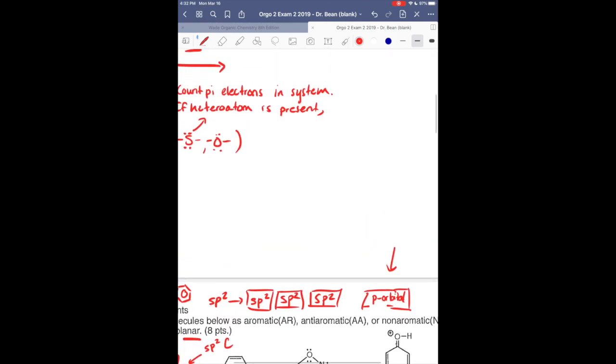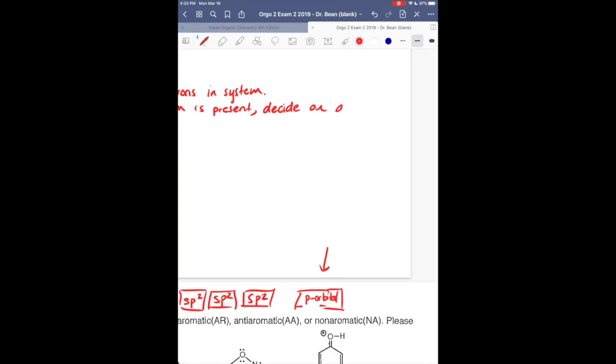So if the heteroatom is present, decide on a hybridization.